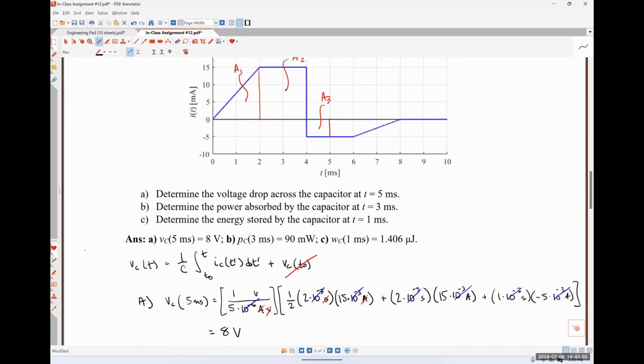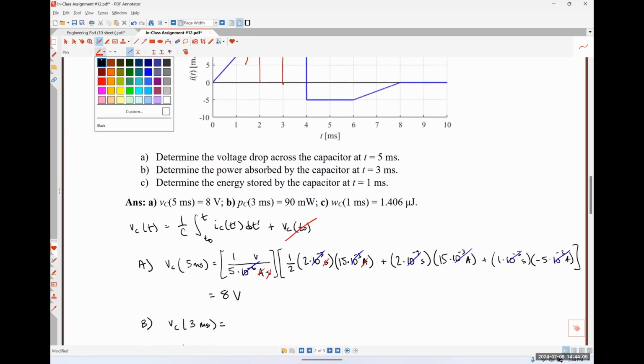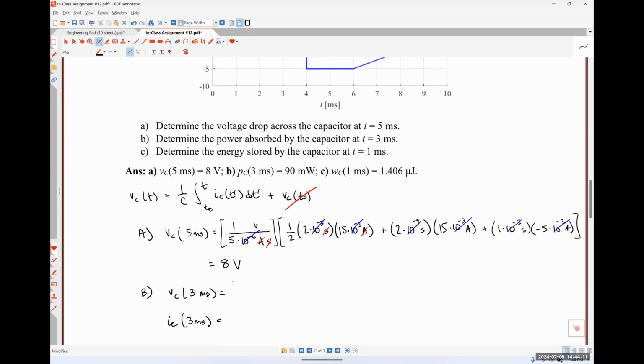I'm going to erase some of this up here. At 3 milliseconds, we're really just looking for the area A1 from before plus this new area A2. That should be easy enough for us to do. So 1 over 5 times 10 to the minus 6 amp seconds per volt.